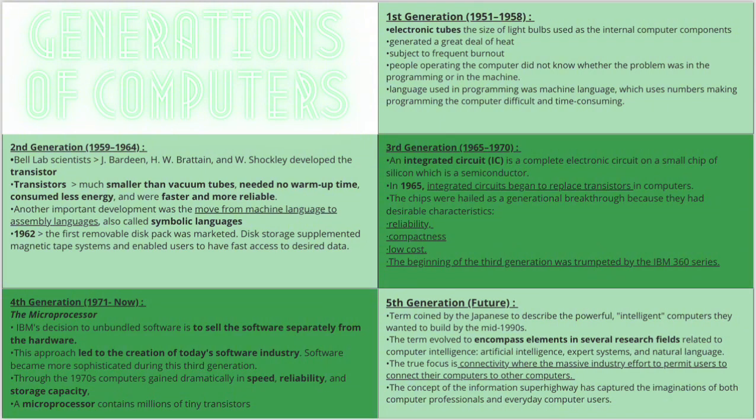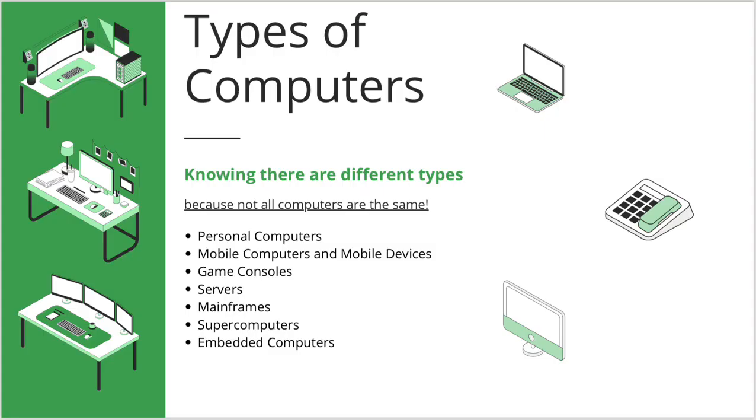The true focus is connectivity, the massive industry effort to permit users to connect their computers to other computers. And the last one, the concept of the information superhighway, has captured the imaginations of both computer professionals and everyday computer users.